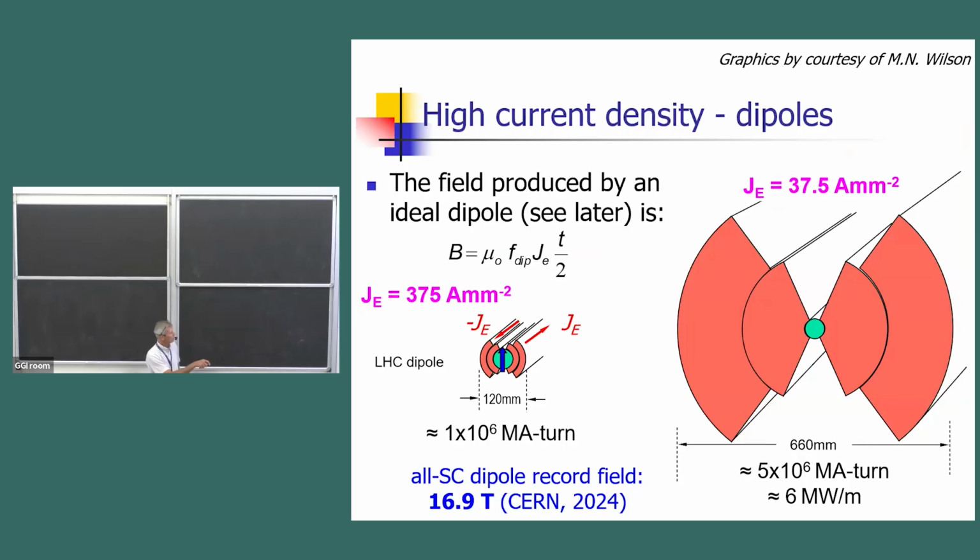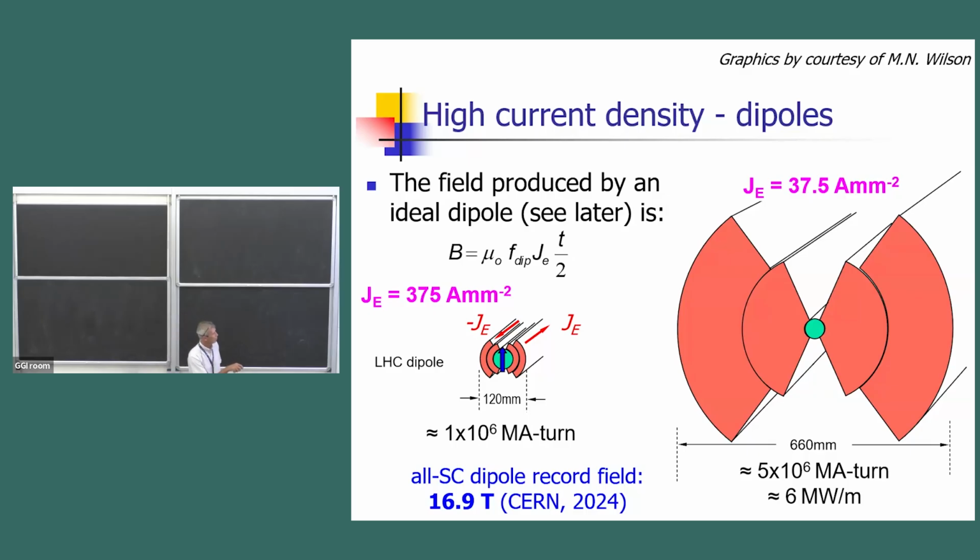In particular, if you assume current densities like those you've seen with niobium titanium before, so hundreds of amperes per square millimeter, the order of a million, sorry, there's a typo here. It's not a million mega ampere turns, it's 1 mega ampere turn. So a million ampere turns. You get a field, and at 375 amperes per square millimeter, you get about 8 Tesla, okay? That's essentially the LHC dipole, as we will see.